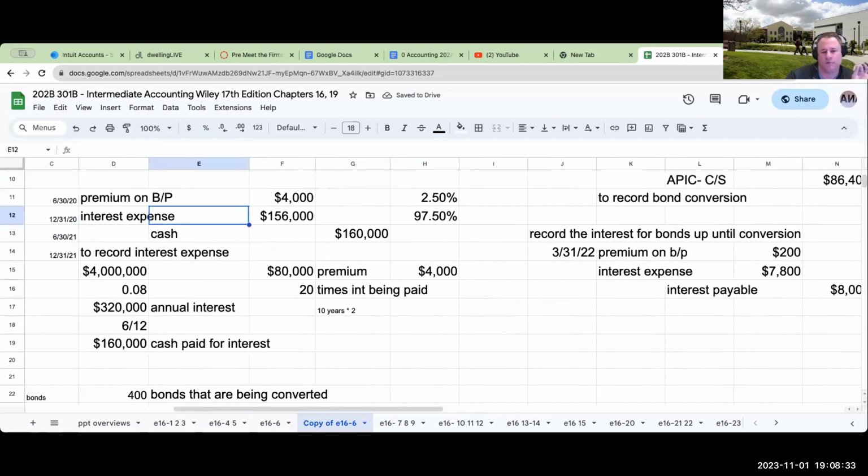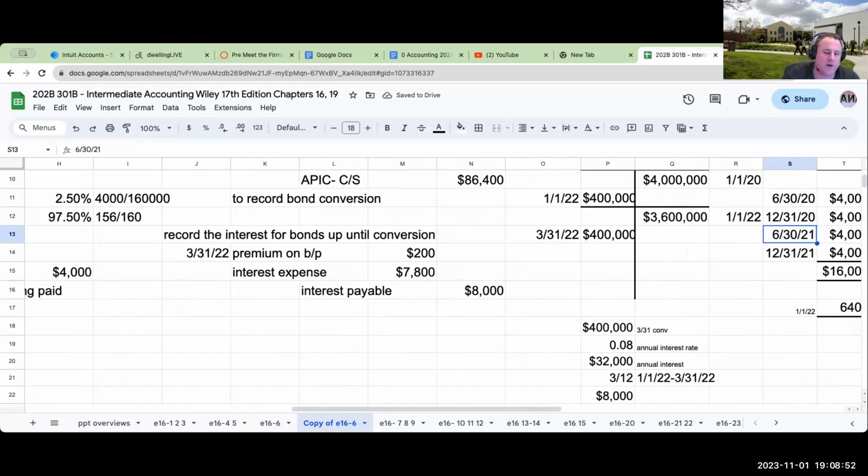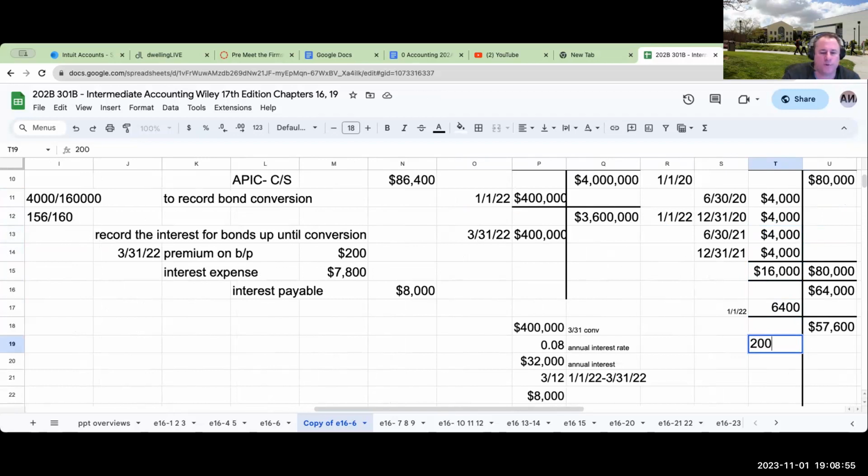When I did this part over here, the ratio of the premium to the total amount of cash being paid is 2.5%. The ratio of interest expense to the total cash being paid is 97.5%. So over here, I need to show the premium on the bond payable for the converted bonds at 200.